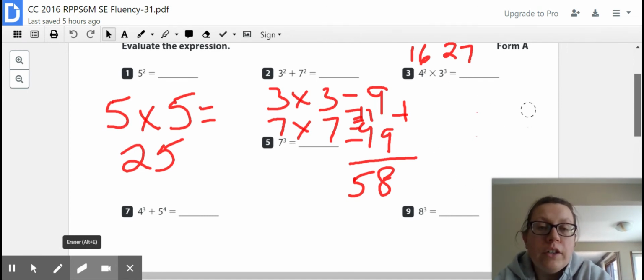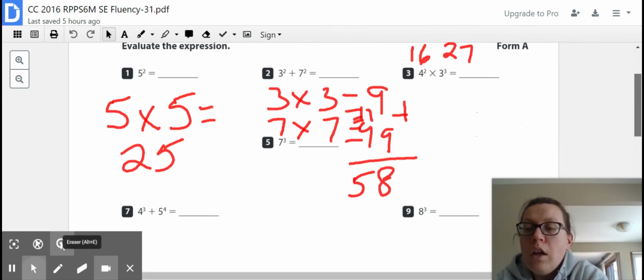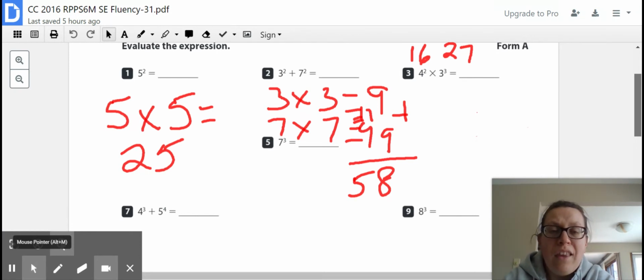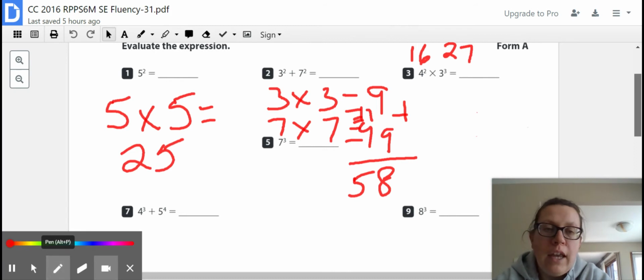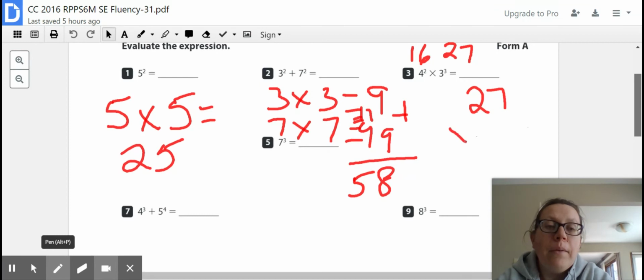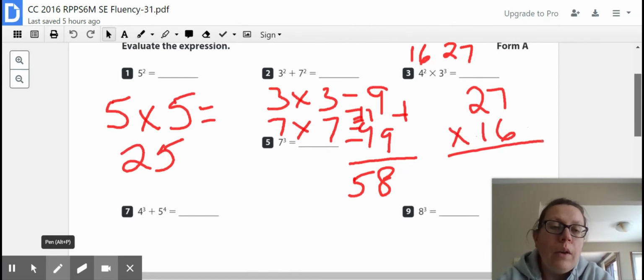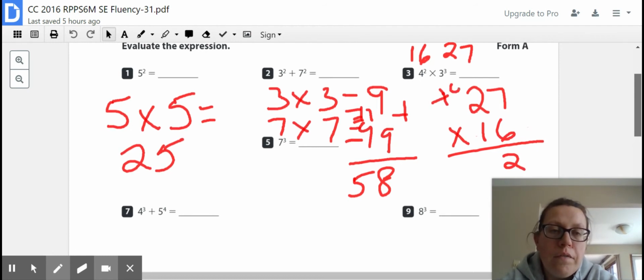And so then for your second step, friends, just like we did with this problem, I am going to take my 27 and I'm going to multiply it by 16. And we know 7 times 6 is 42. And then we're going to carry our 4.